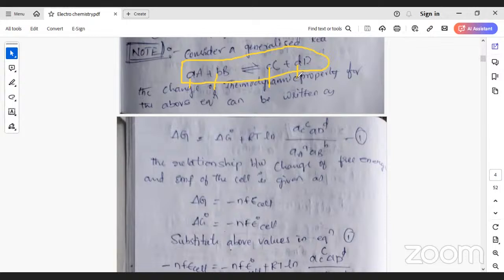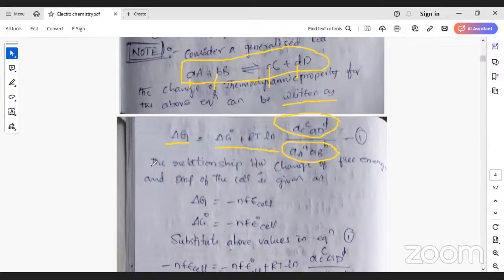In this reaction, one of the thermodynamic properties, the Gibbs free energy change, can be written as delta G equals delta G naught plus RT ln of the activity of the products, C and D, over the activity of the reactants, A and B. The small a, b, c, d are the coefficients, which come as powers in the activity.